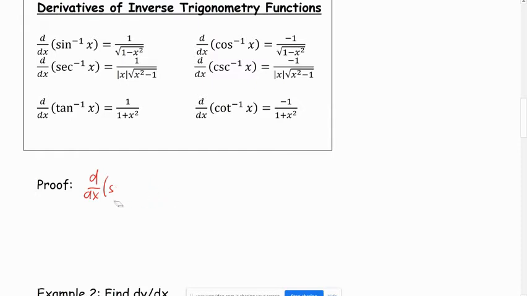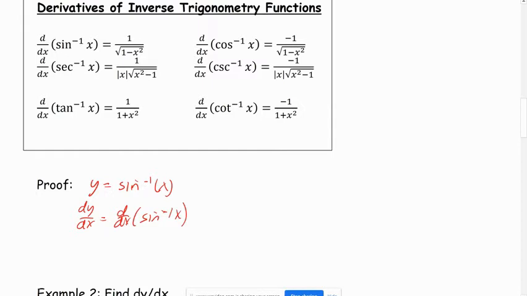If I say y equals inverse sine of x, and I take the derivative of both sides, then that would give me the derivative that I'm looking for. So that would be dy dx equals derivative of inverse sine. So that's what we're trying to find. But to find it, we're going to use what we know about the concept of what an inverse is.